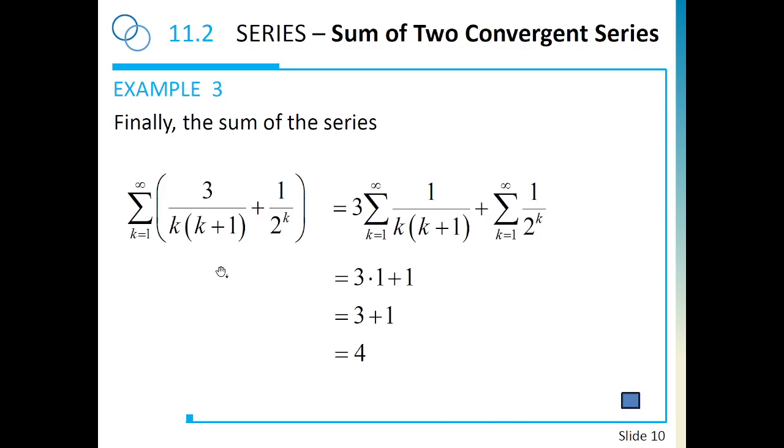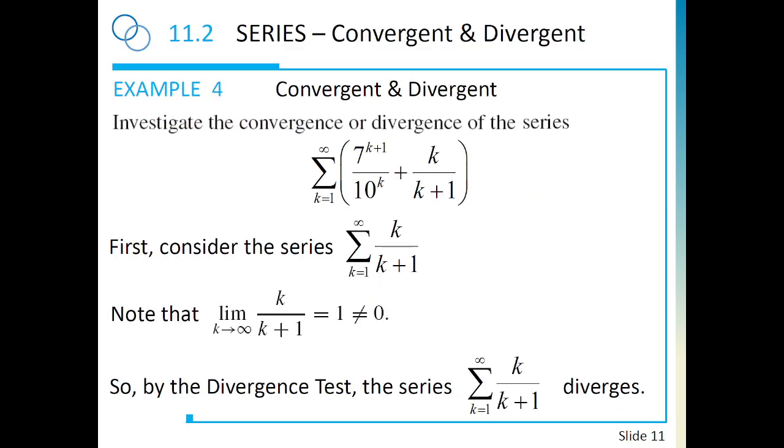And since it is a sum of two converging series, this series is also convergent. Obviously, in each case we were able to find the sum, so we were able to add. In some cases, the sum is not known, so we cannot really compute it, but we can still say if the series is convergent or divergent.